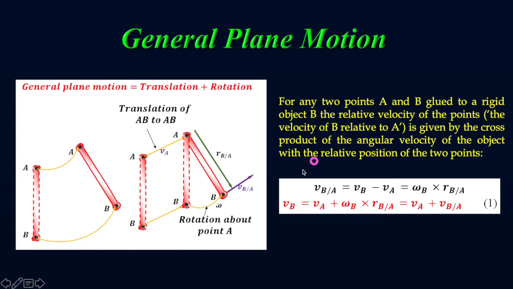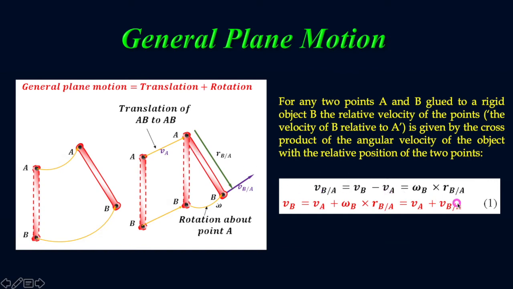Now the velocity and the radius vectors. These are the radius vectors for the rotation, and we know the tangential direction is the velocity of B with respect to A. So VBA is the velocity of point B with respect to point A, and that is a relative velocity between B and A. So VBA can be written as VB minus VA.